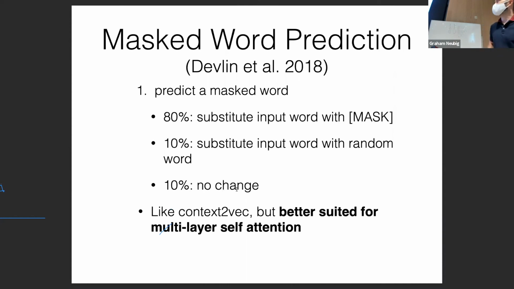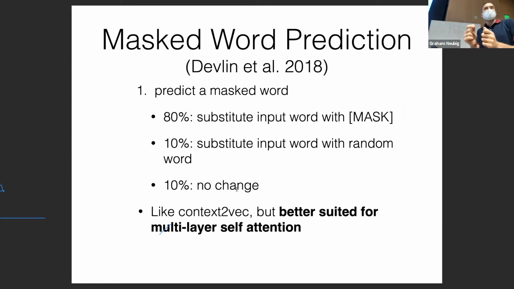However, this is more suited for self-attention. And the reason why is because if you do the context objective, you basically have to have a right side and a left side, and the right side and the left side couldn't interact with each other in any way.